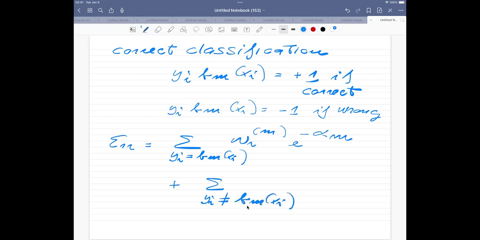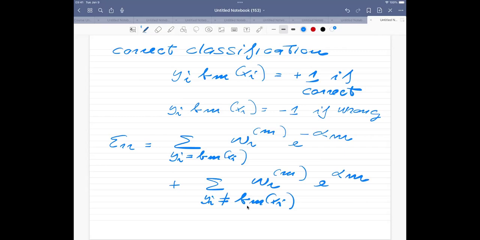So I'm looping over all the wrongly classified, and this is simply given by w_i of m. And when I'm doing the wrongly classified ones, I obviously have a minus one, so this becomes equal to e to the alpha of m here.